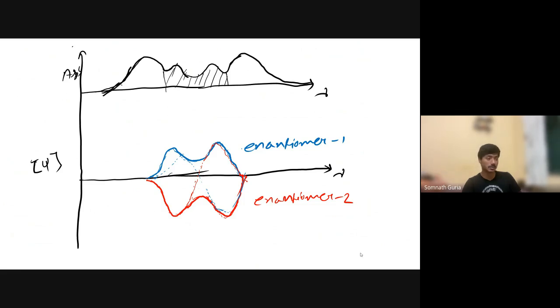So one enantiomer shows one kind of CD activity, and the other isomer shows exactly the opposite, the mirror image, of the CD activity.